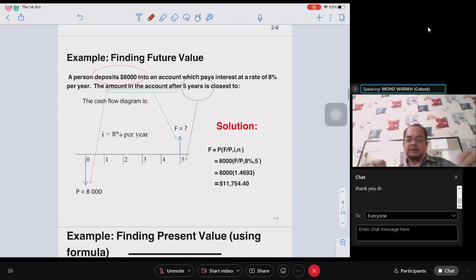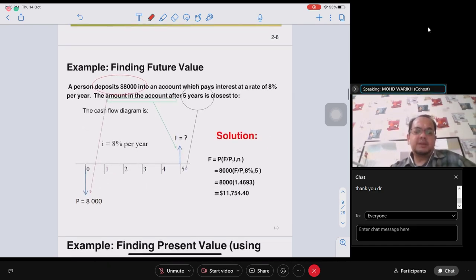Alright, we go to the next slide. Example, find the future value. That means we have to find the future. A person deposits 8,000 ringgit which pays interest at a rate of 8% per year. The amount in the account after 5 years is closest to... That means you have to find F. 5 years.